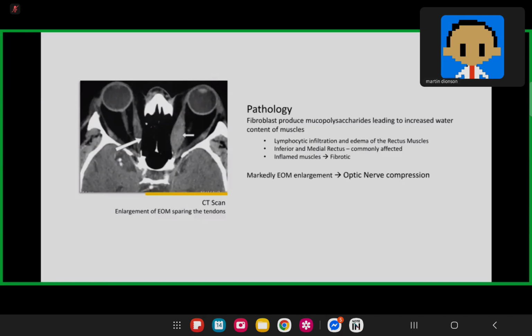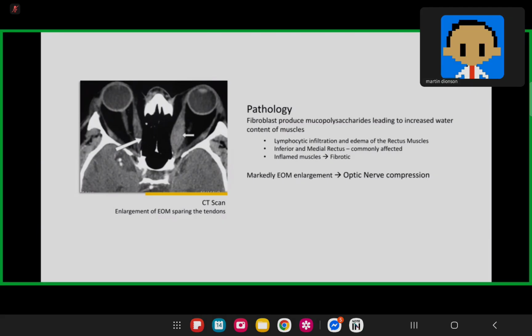So as mentioned earlier, the pathology includes fibroblasts producing mucopolysaccharides, which eventually leads to increased water content of the muscles. Among the muscles, the rectus muscles are commonly affected, starting from your inferior and medial rectus, and then later involving the other muscles. So the mnemonic is I am slow.